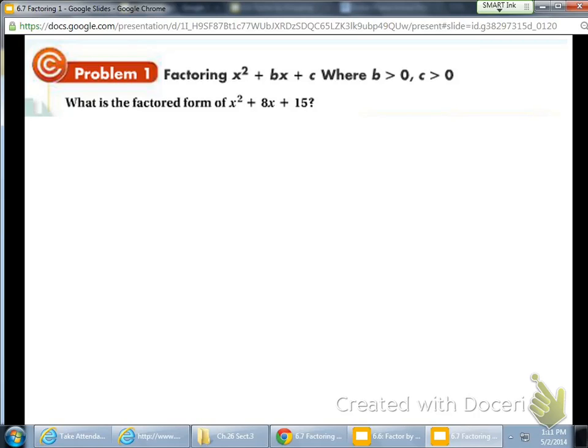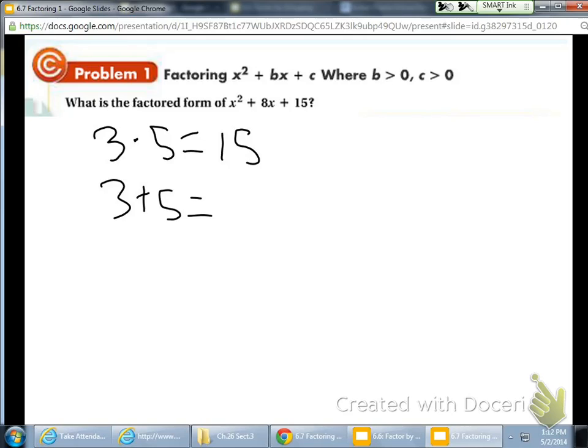Okay, so I did. You can write on it. So first I did figure out what C was. So I thought about what can we multiply to get 15, and so I just went assuming the 3 and 5, but there's other. So 3, 5, 15, and then if you do the 3 plus 5, that equals 8, which would get the b.